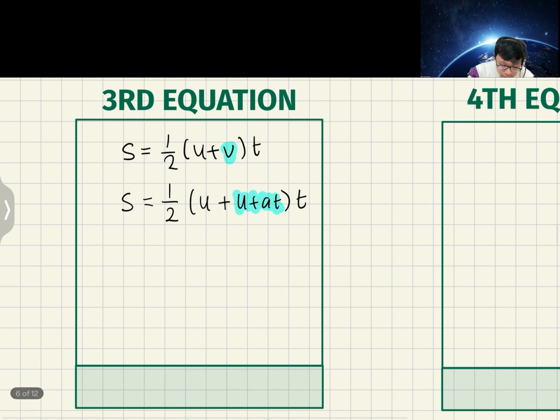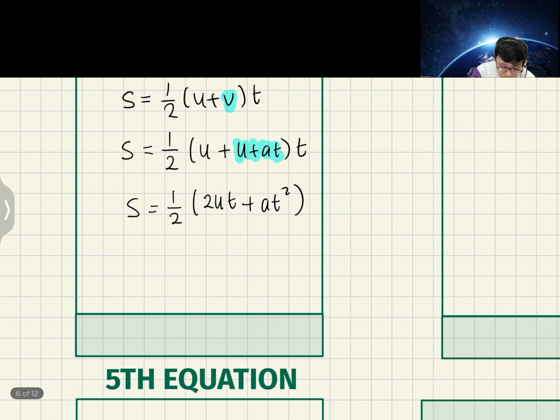And then we can rearrange here. We can multiply by t first. You get half times u plus u, 2u, so 2ut plus at times t, at squared. And you expand, and then you will get s equals to ut plus half at squared.